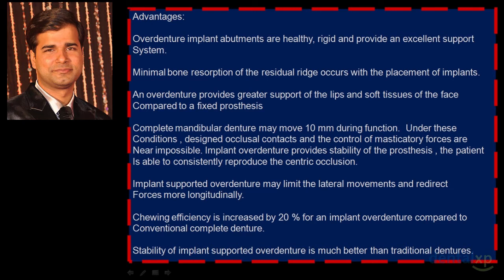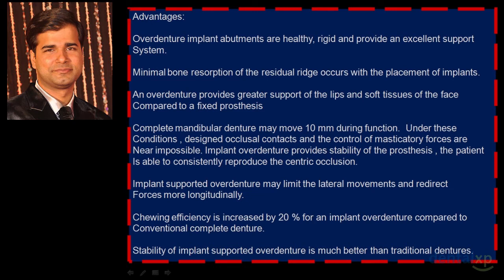Soft tissue abrasions and accelerated bone loss are more symptomatic of horizontal movement of the prosthesis under the lateral forces. An implant overdenture may limit these lateral movements and redirect forces more longitudinally or axially.